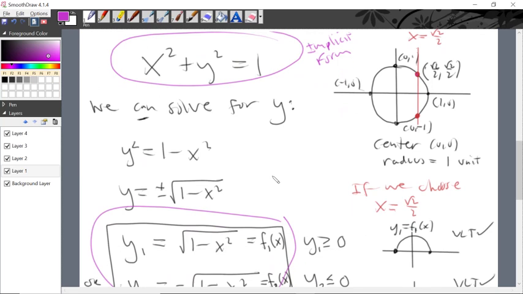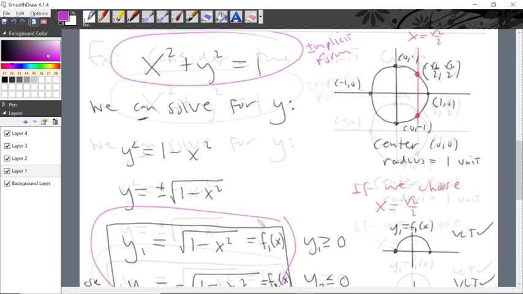Or, if we explicitly solve for y as a function of x and get this, which puts us on the upper half of the curve containing that point, then we could use our explicit function right here, take the derivative, interpret it as the slope of the tangent line, and proceed as we normally would.